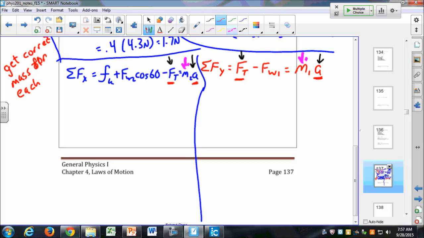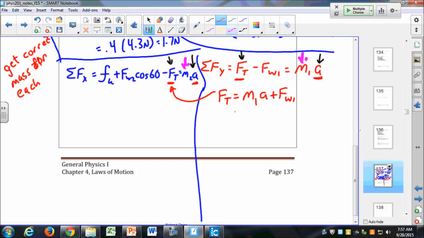The way I would do that here, you might do this a little bit differently, but I would solve this equation for Ft. It's going to be m1a plus Fw1. And then I can plug that into my Ft right here.